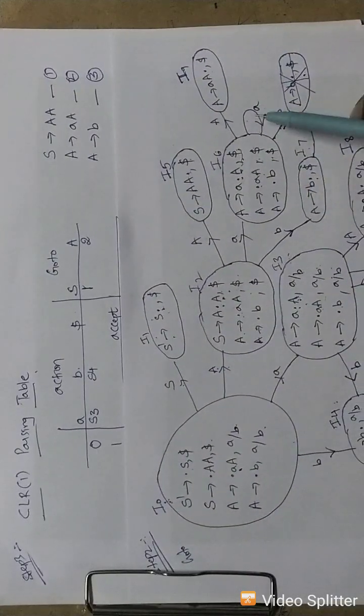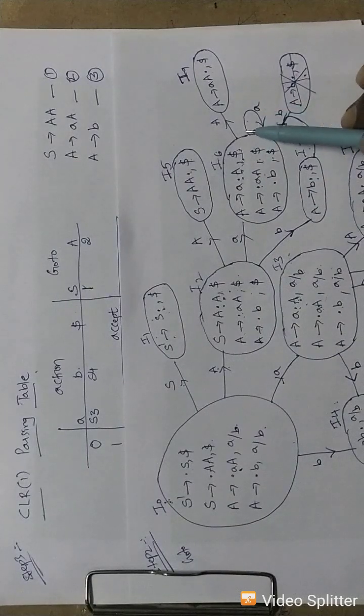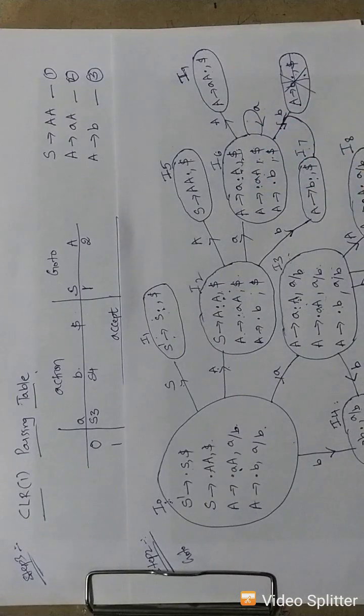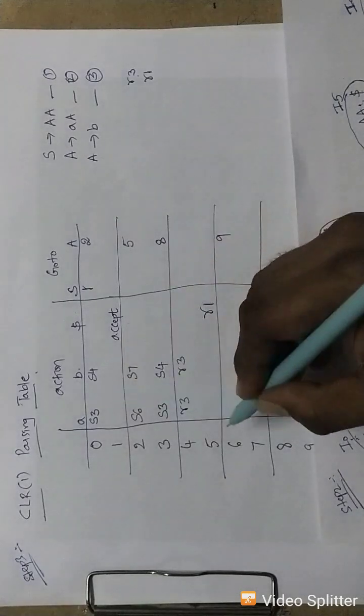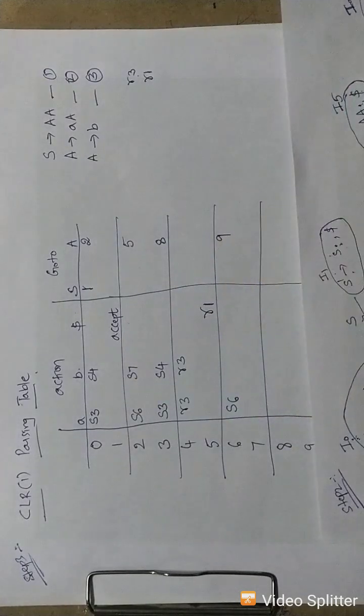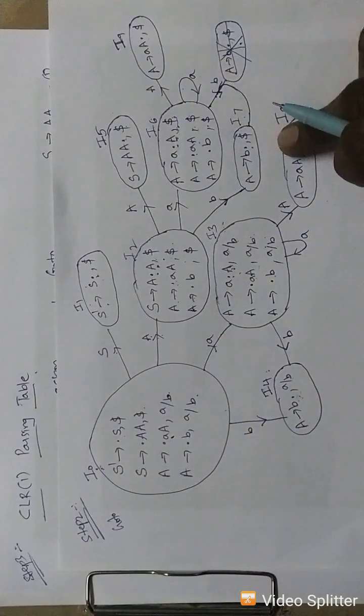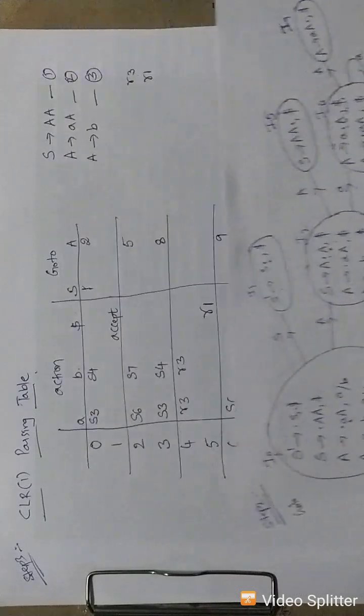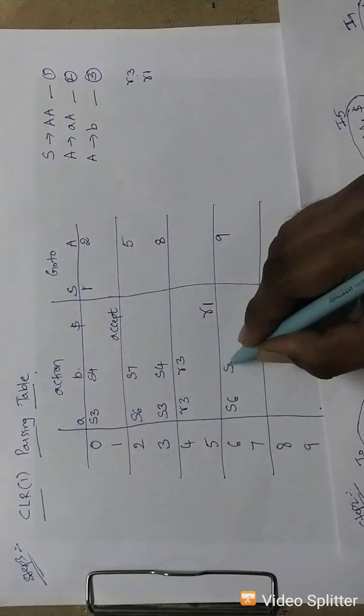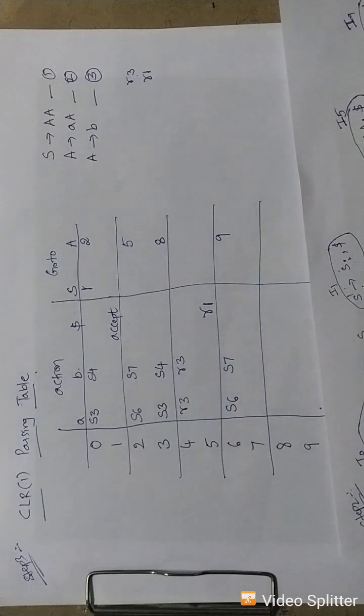Reading the terminal small a, it is directed to the same state, I6 only, so under a, S6. Reading b, it is moving to I7, nothing but S7.